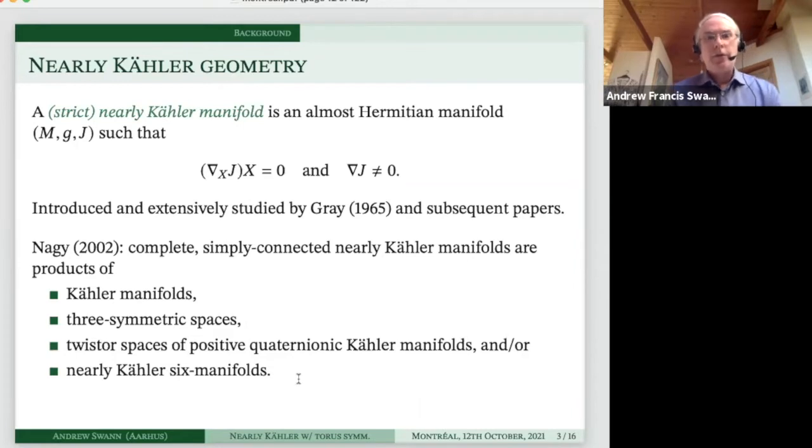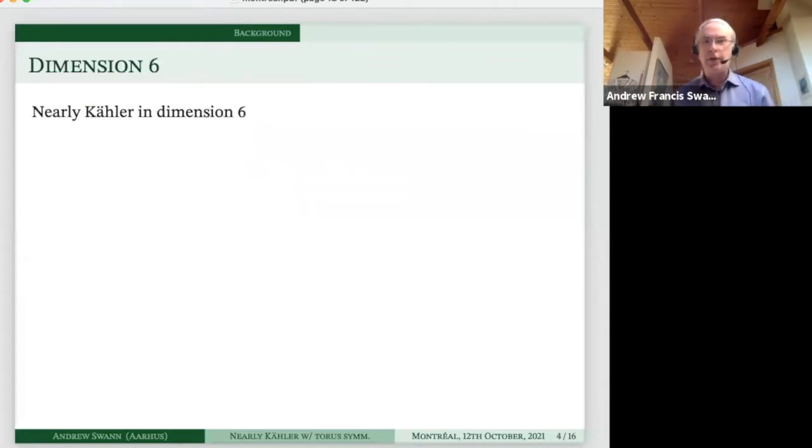And then there is this last interesting category here, which is the nearly Kähler manifolds in dimension 6. So I pulled up this result early because it highlights that understanding nearly Kähler manifolds in dimension 6 is a central problem for understanding nearly Kähler manifolds in general. And the other central problem is understanding the positive quaternion Kähler manifolds. So this talk is going to be focused on dimension 6, as dimension 6 is very nice in nearly Kähler geometry.